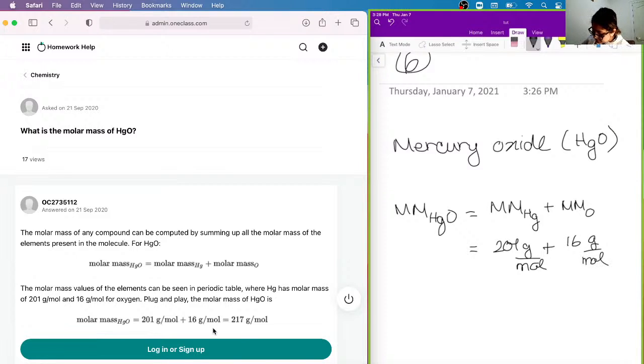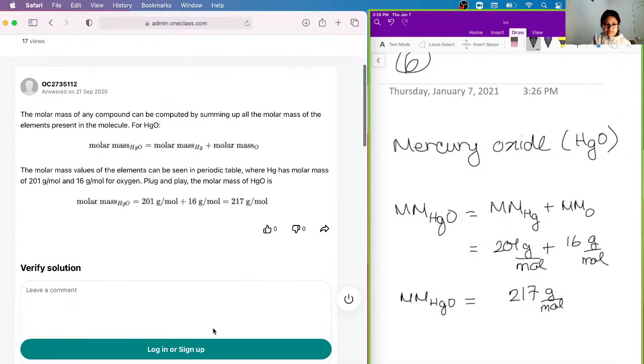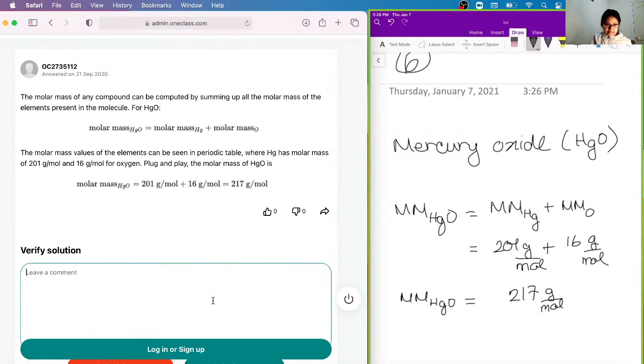The last step would be to add these 2 numbers together, and you would get 217. So this is 1 mole of mercury oxide. If there was 2, you would just multiply this by 2. If there was 3, you would multiply by 3.